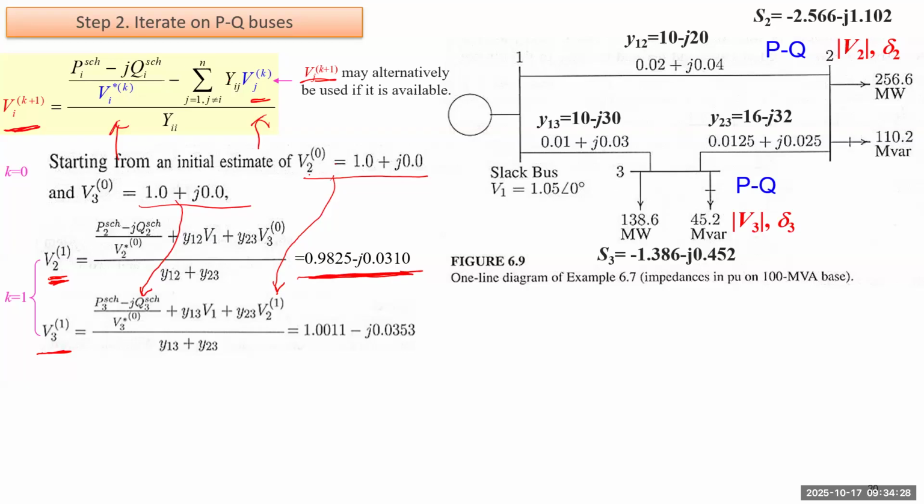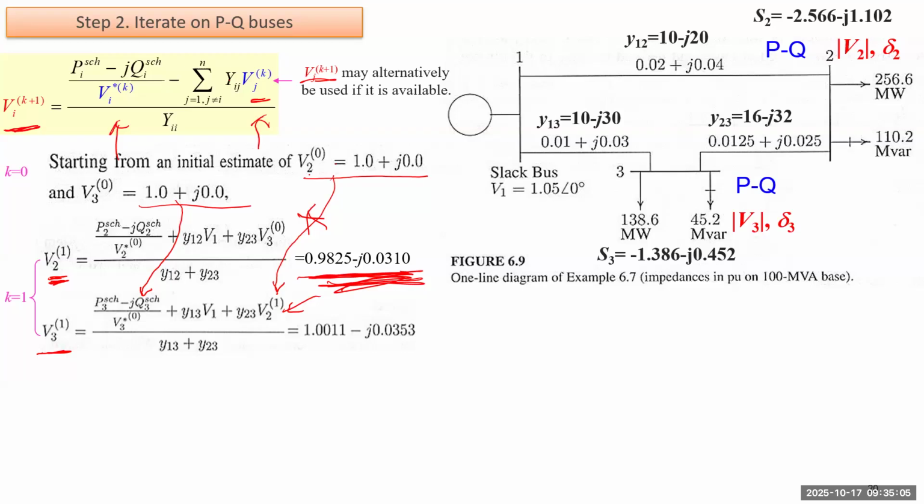If you want to do a sequential implementation, since we already have this better value for bus 2, we don't take that initial estimate. Instead, we take this better estimate. That will make your iteration converge faster to the final solution. So either strategy is fine. But if you want to do the calculation by hand to get the solution sooner, you can choose the more accurate one.